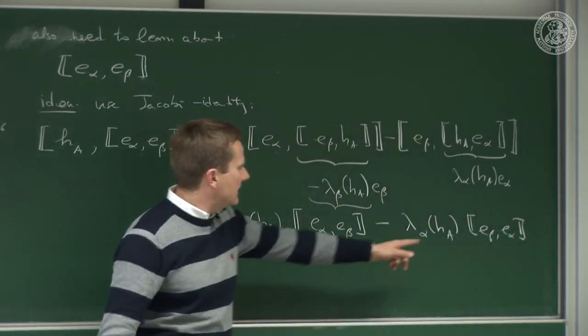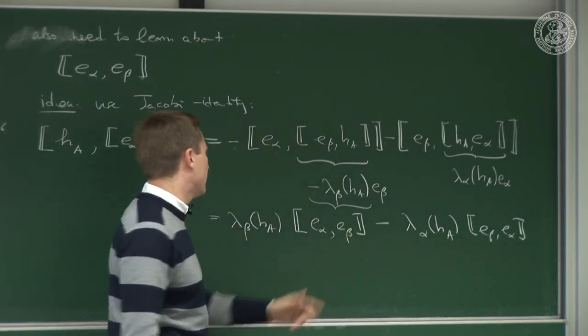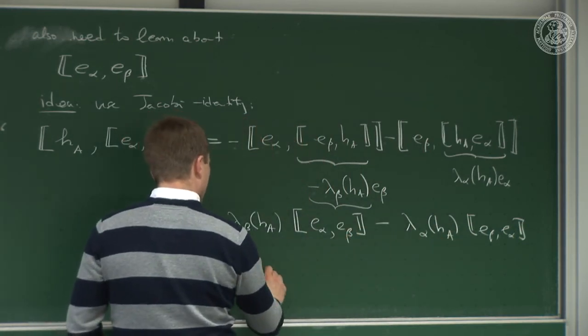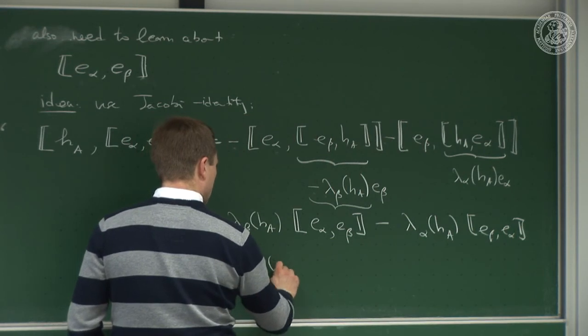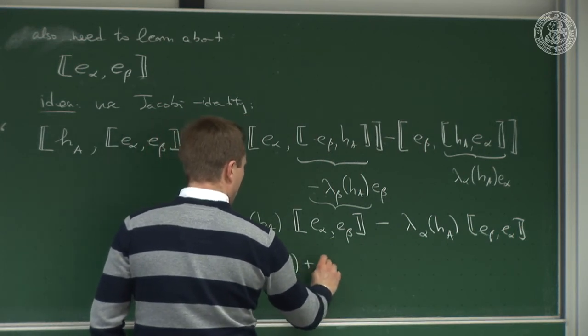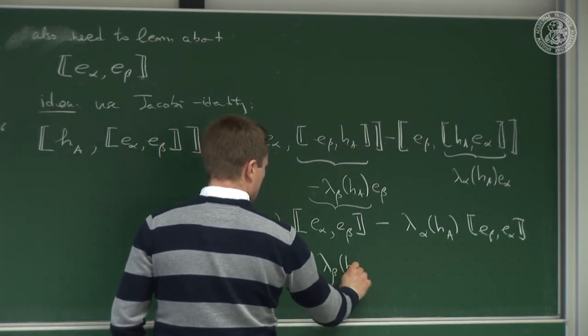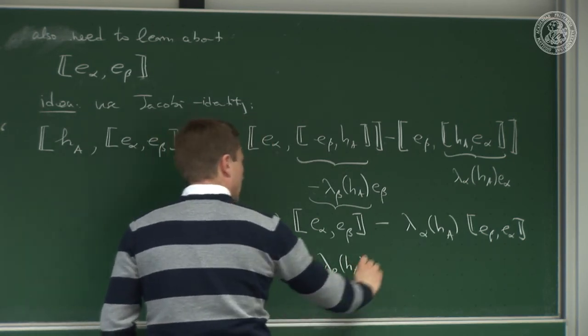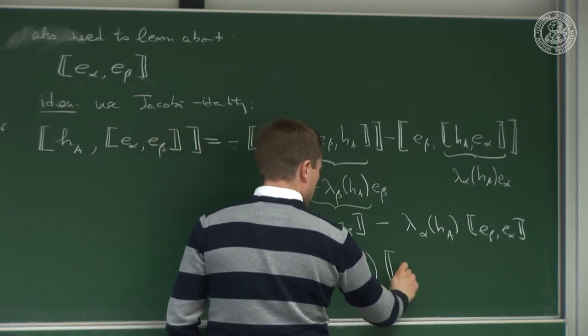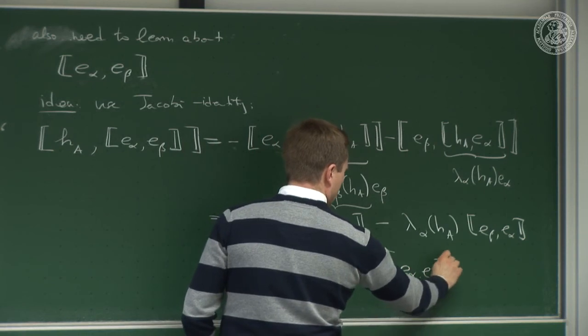But of course, [E_beta, E_alpha] is just minus [E_alpha, E_beta]. So in total, we have lambda_alpha of H_A plus lambda_beta of H_A, bracket is the factor that goes with [E_alpha, E_beta].